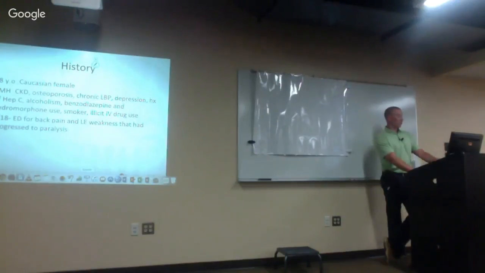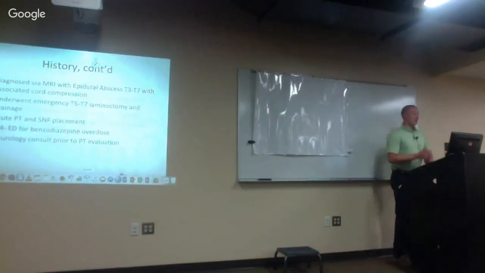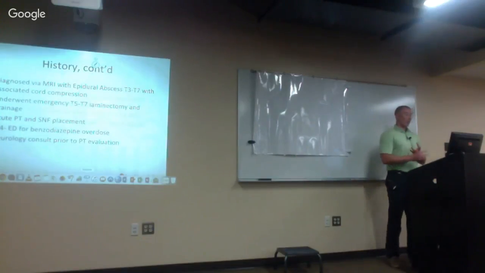So she presented February 18th to the emergency department with back pain and lower extremity weakness that quickly progressed to bilateral lower extremity paralysis. She was diagnosed by MRI with an epidural abscess from T3 to T7 with associated cord compression and underwent emergency T5 to T7 laminectomy and drainage.